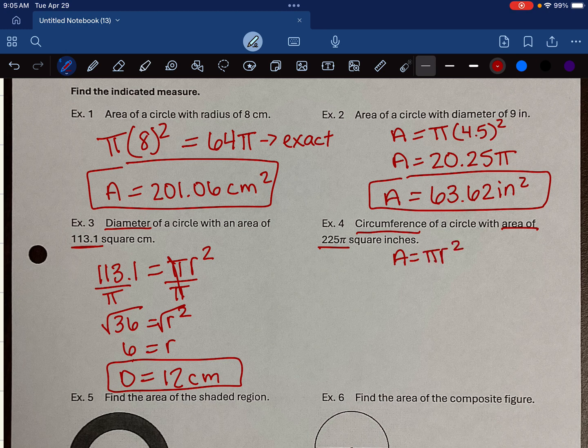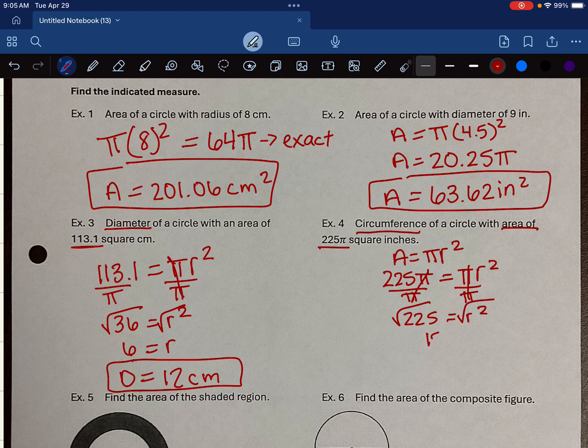What am I plugging in for A? 225 pi. 225 pi is equal to pi r squared. Same steps. How do I get r squared by itself? Now, if pi is already on the other side, what happens to those two things? They just cancel and leave you with 225 is equal to r squared. So that means my radius would be what?